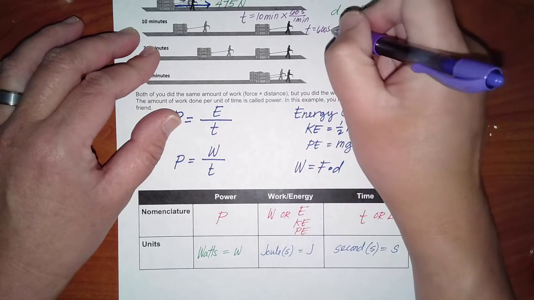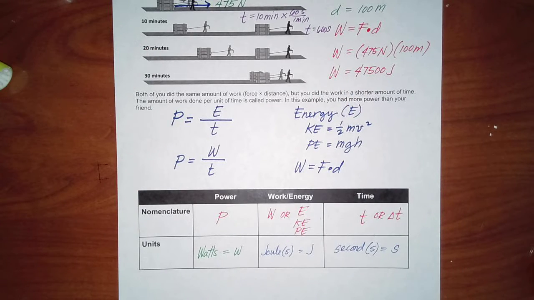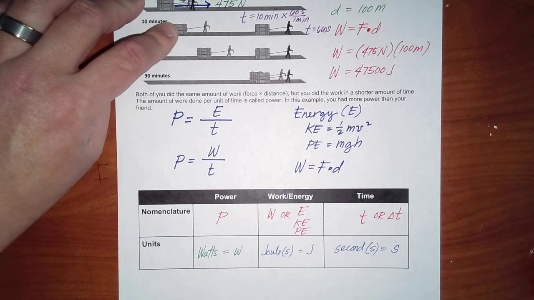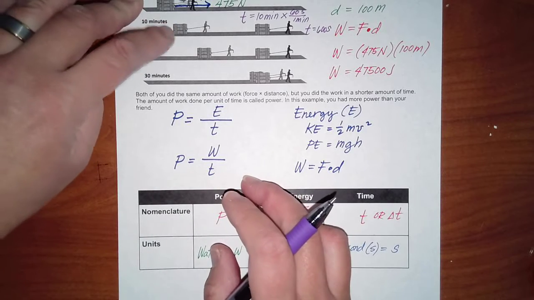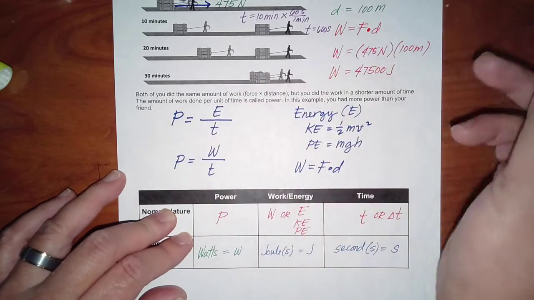So that will be the amount of time that it took you to move these piles of garden soil from the source to the garden, while your friend took 30 minutes.